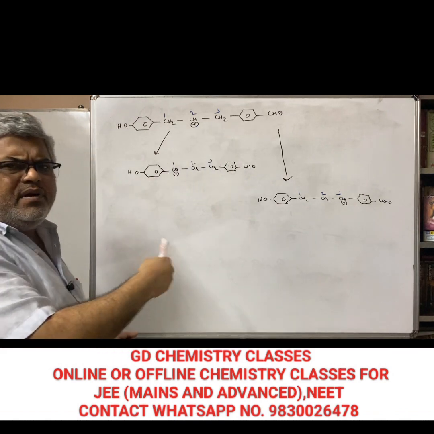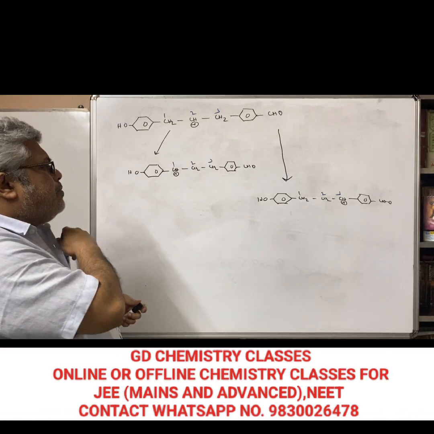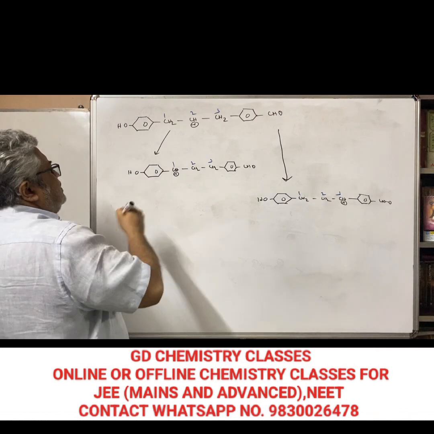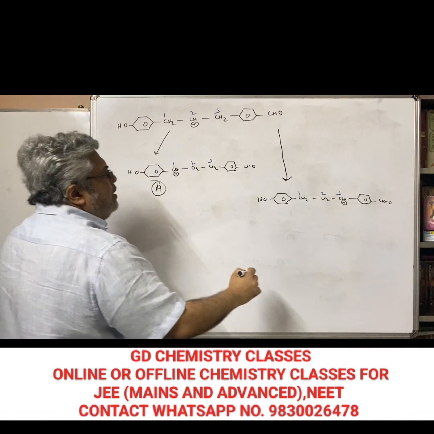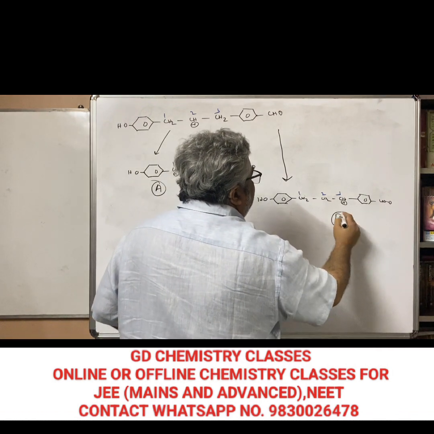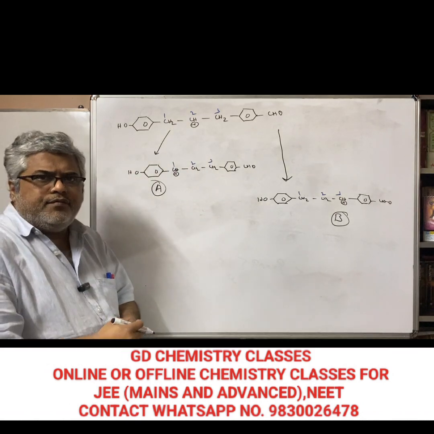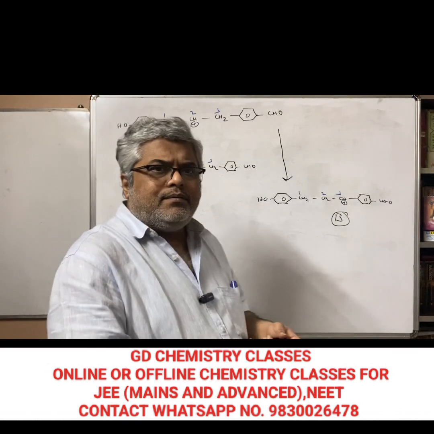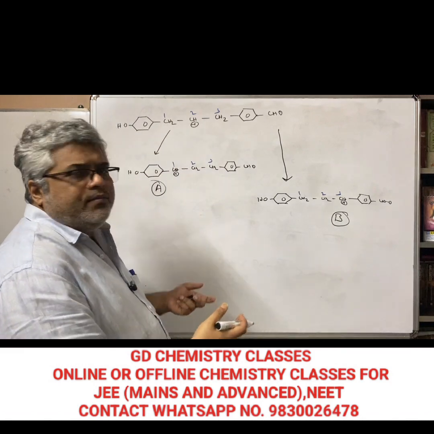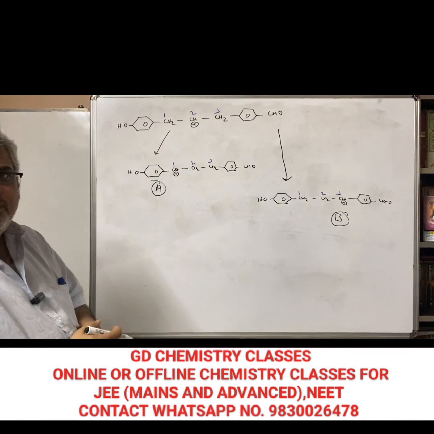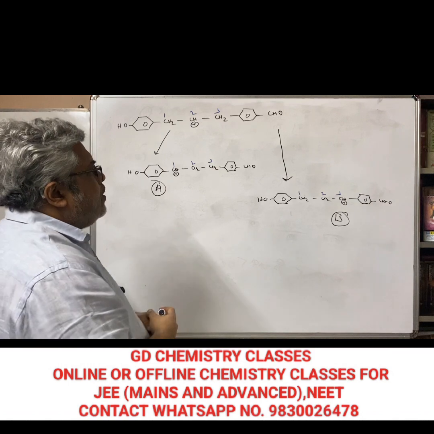I just numbered it for understanding properly. Now, if I say this is A and this is another one, which is B, and if I ask you which carbocation is more stable, obviously whichever is more stable, that carbocation will be formed, and not the other one. Both cannot be formed.